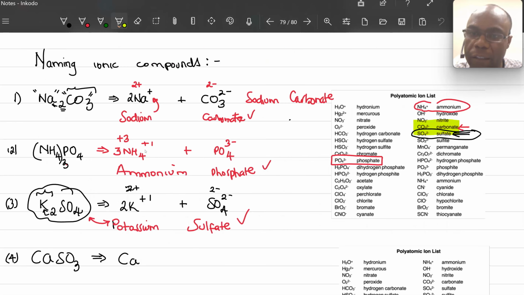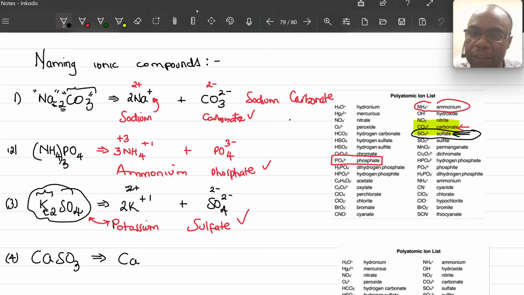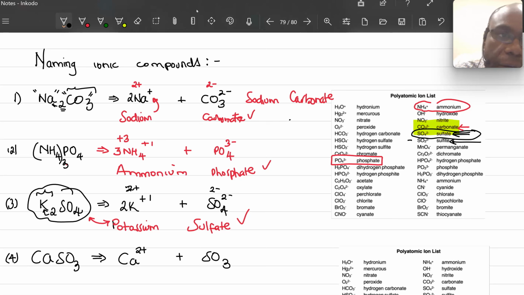Since it's in main group 2A, I expect it to have a charge of 2+. And then SO3 is a polyatomic ion. It's right here, below the sulfate. It's written as SO3 2-. Just like the sulfate, this one will have 2-.